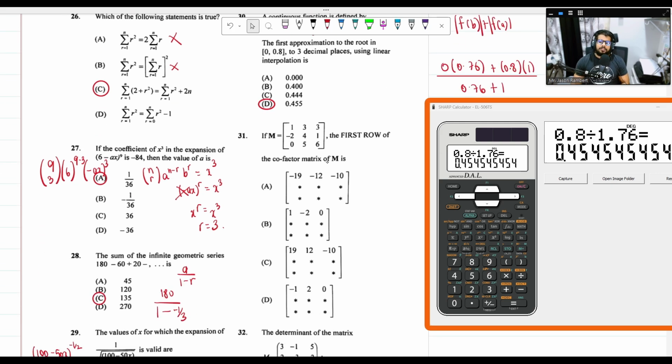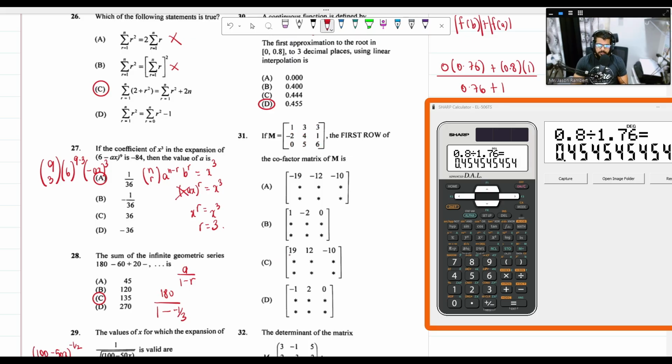If M is that, the first row of the cofactor matrix. Alright, so for the first row, cancel out these two things here to get the first number. 24 take away 5 is going to give me 19.